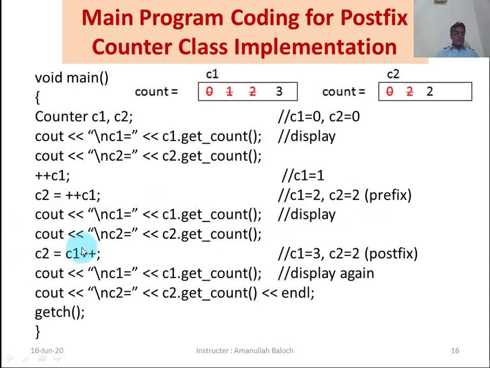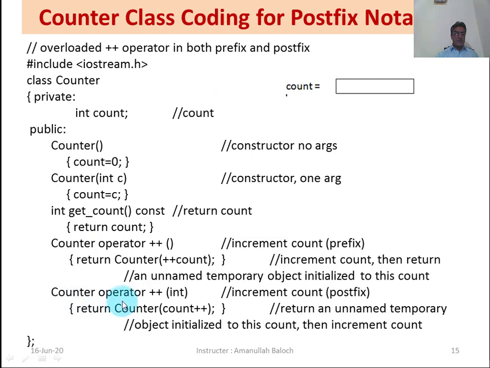Here we are using postfix notation. The value of C1 is 2. Here we are calling postfix notation. You may see in the main program, in the counter class, this is the postfix notation. In response to that statement, this statement will be called, and this count variable contains the old value 2.